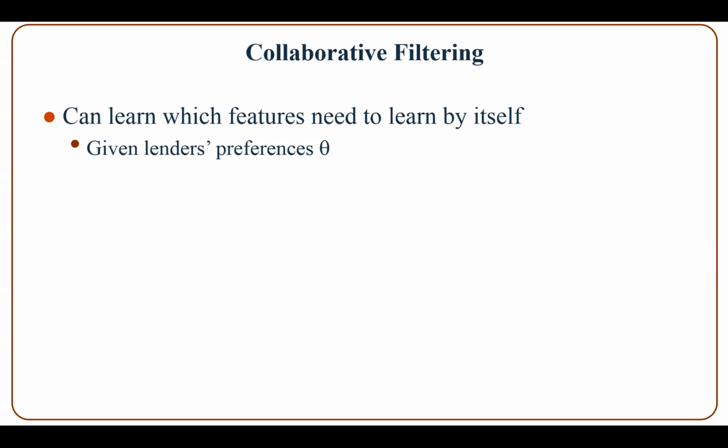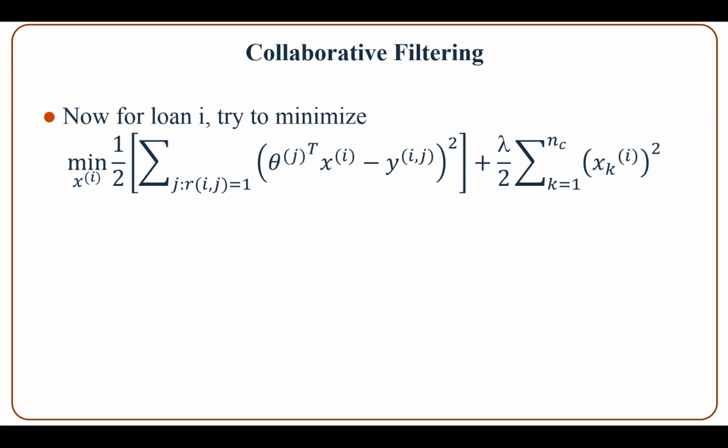Given theta, can we learn the features? So this can be done with collaborative filtering. For each loan, for example, loan i, we try to minimize an objective function. And here we sum over all the lenders where Rij is equal to 1, meaning all the lenders that give the ratings to the loan i.